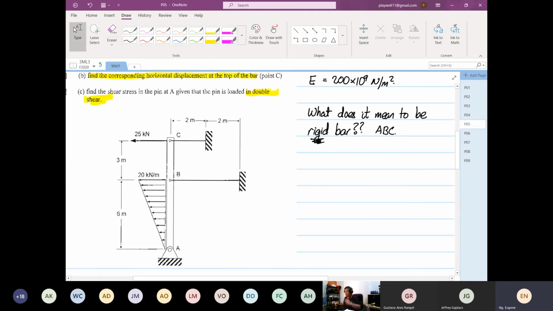What do they actually mean? Anyone? It means it won't deform or bend. It will deform, but it will not bend.